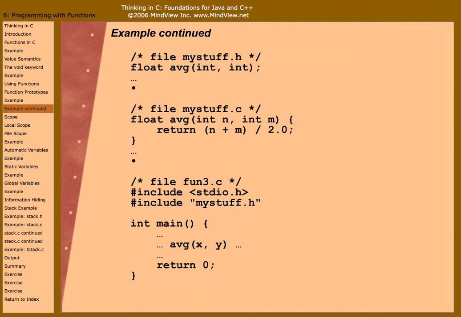So in fun3.c, I will include, among other things, mystuff.h, and then I can just use the average function, and I just have to make sure that I link with mystuff.c, or I should say the compiled version of mystuff.c, when I build the program.